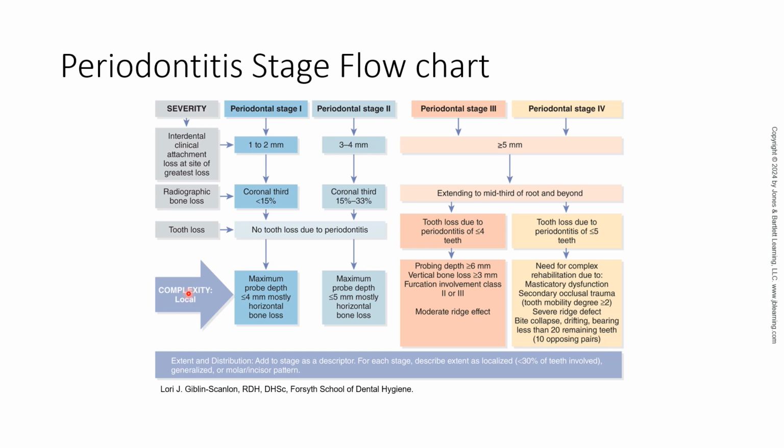Complexity, is it localized, is it generalized? Okay. Your maximum probing depth is 4 millimeters or less, mostly horizontal bone loss. Your maximum probing depth for stage 2 is 5 or greater, mostly horizontal bone loss.